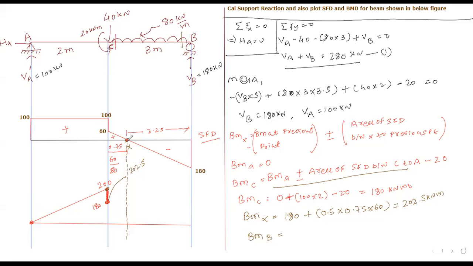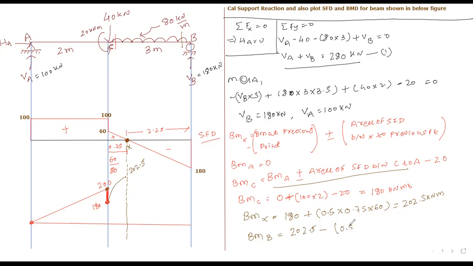Keep in mind, you have to check in the bending moment diagram, okay? So we will get X. The moment at X is already calculated, 202.5. Our area between B to X, is it plus or minus? Minus. That's the reason we are going to consider it negative.